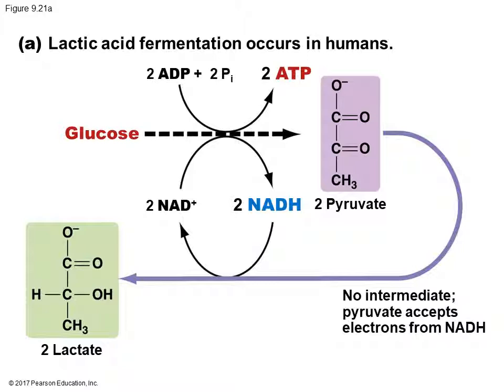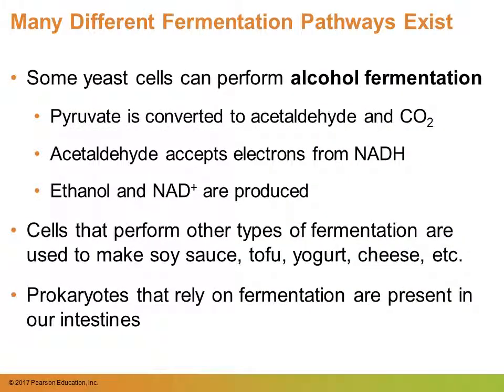It says there's no intermediate. So pyruvate accepts the electrons from NADH. There is no step 4 for all of the electron carriers to go. So the electron carriers actually release the electrons and the protons to some form of pyruvate. In this case, it's making lactate.